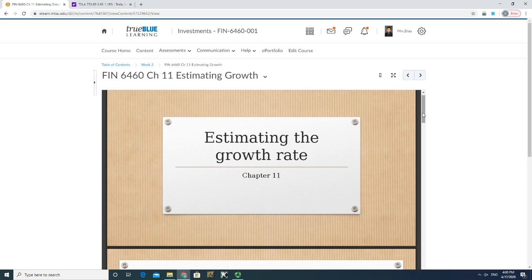But when you compare discount rate and growth rate, I would say they are equally important, but for some growth companies like Tesla, estimating the growth rate is even more important than estimating the discount rate. Although it's a small chapter, I want you to pay a lot of attention to the method that we are going to utilize to estimate the growth of the company.